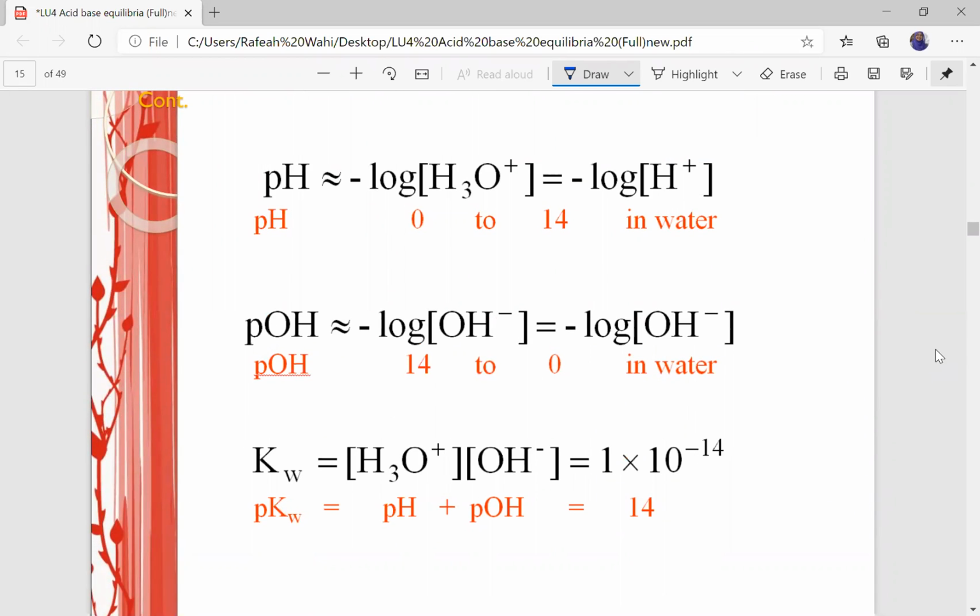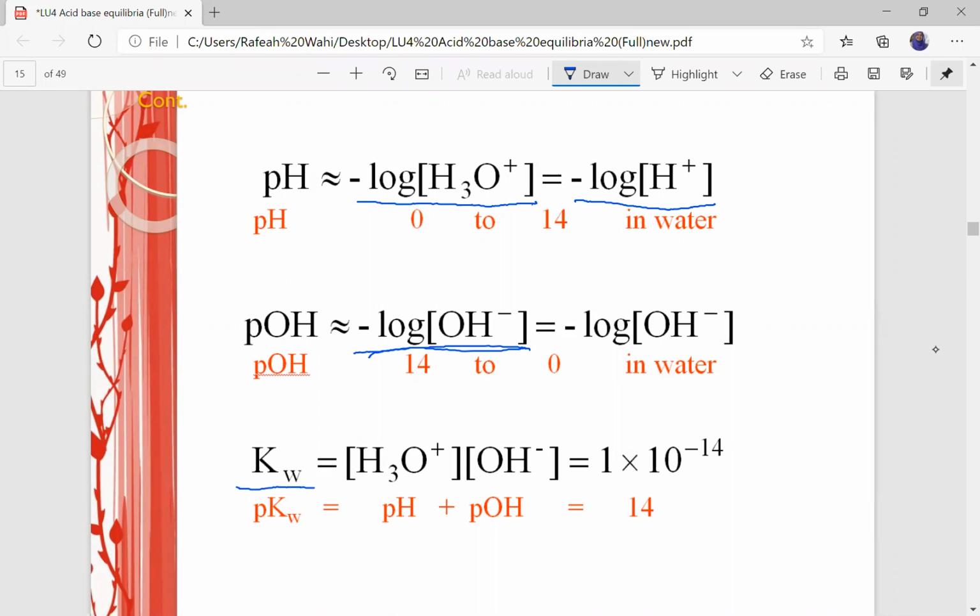Alright. So this is just a revision. pH is equal to negative log hydronium ion or negative log H plus ion. pOH is equal to negative log hydroxide ion. Always remember, always also remember Kw is equal to concentration of hydronium ion times concentration of hydroxide ion equal to 1 times 10 to the power negative 14, and pKw is always pH plus pOH.